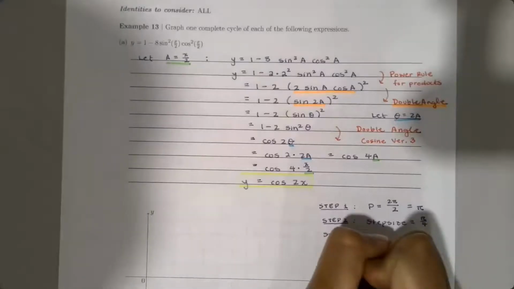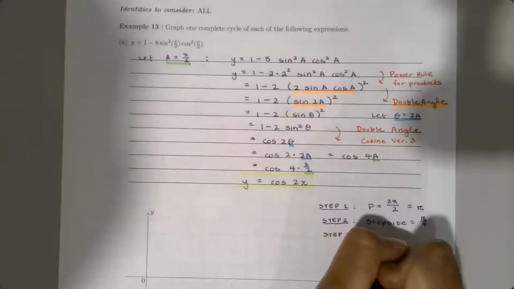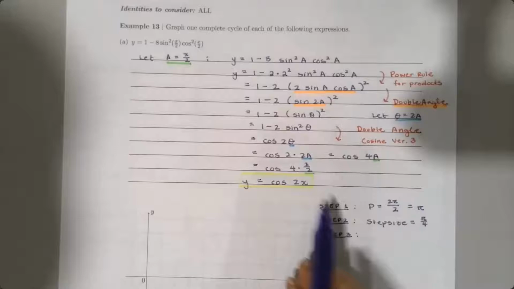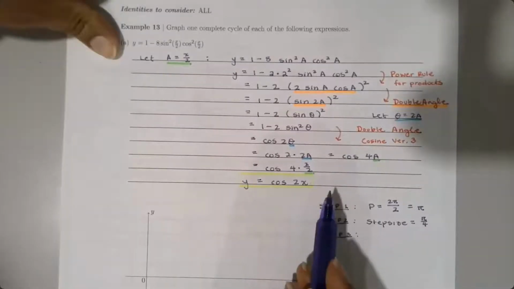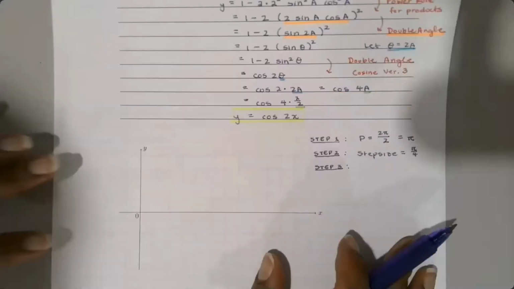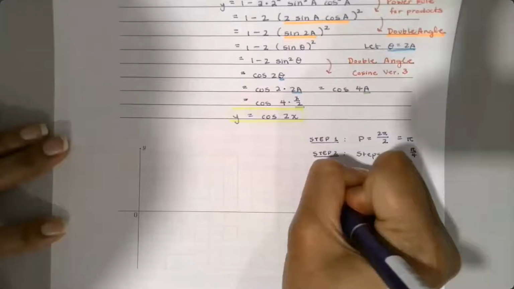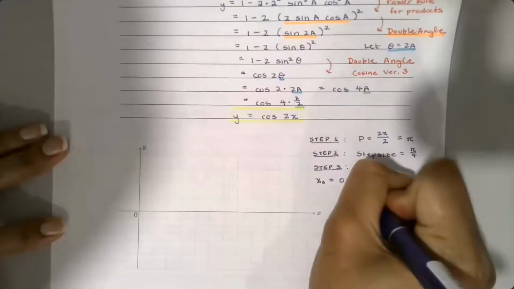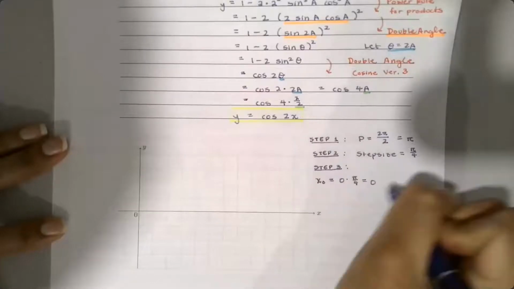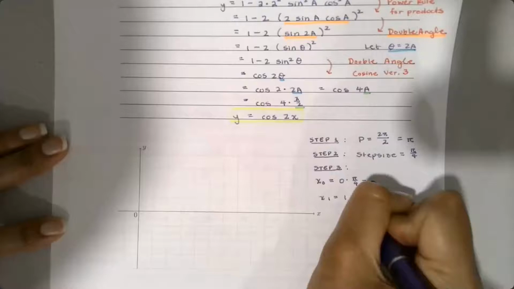Then the next step is to find the important x values. And here we don't have a horizontal shift to worry about. So we can use directly the step size to just find those x values. And we'll do so by saying x0 will be 0 times the step size. So that'll give us 0. Then 1 times the step size.